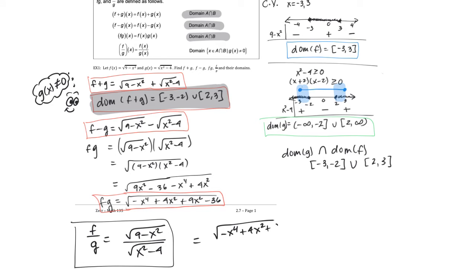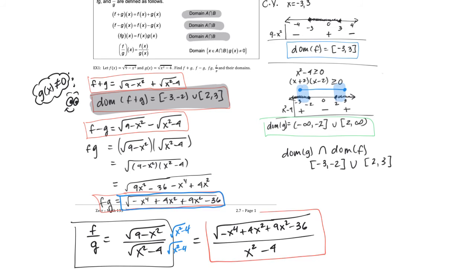When we multiply those out in the numerator, the numerator ends up being exactly what we got when we multiplied our functions, and then in the denominator we have a square root times itself, so those square roots just undo each other. So we would be left with that function. Okay.